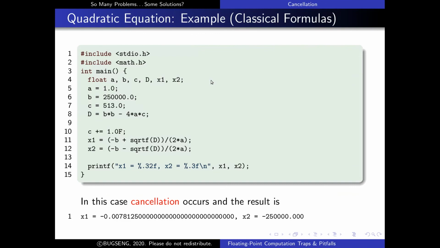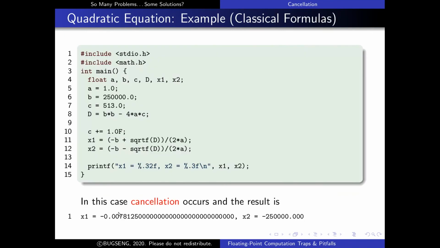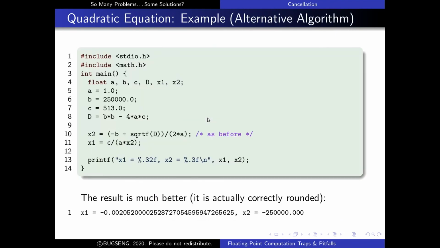If we use the naive algorithm, we have cancellation, and you see that for x1, no digit is correct. So all the digits are wrong. Whereas if we do the trick that I have just outlined, so we compute x2, which is not subject to cancellation, and then we compute x1 starting from x2, the result is much better.